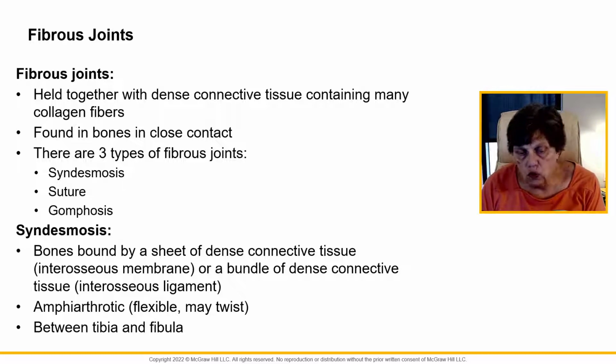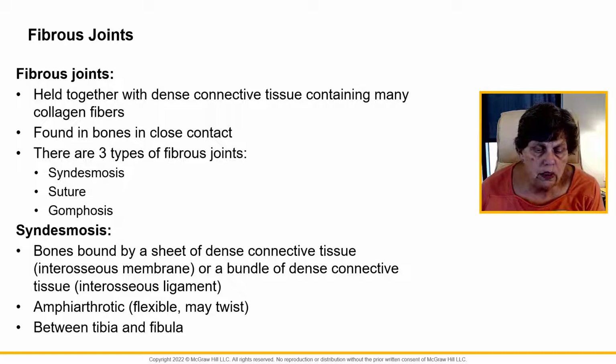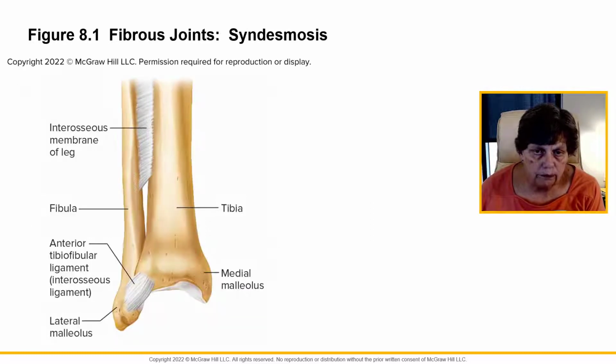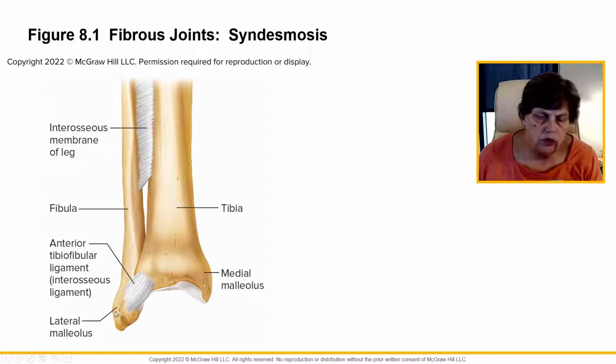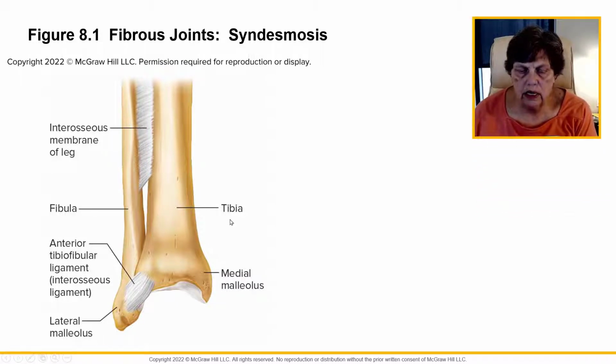You can twist them. This is between the tibia and the fibula, for example. So we have our tibia and our fibula, and you can see that membrane between it. And we have the ligament that's holding this together. The lateral malleolus, basically what you consider kind of like sticking out that ankle.